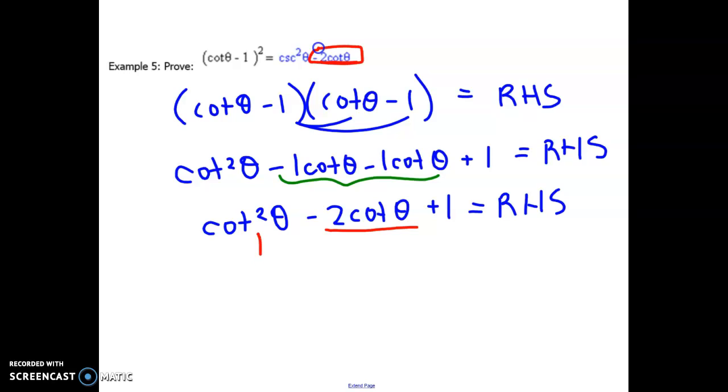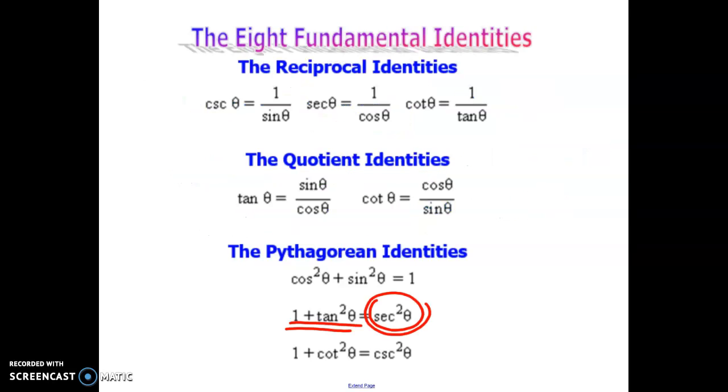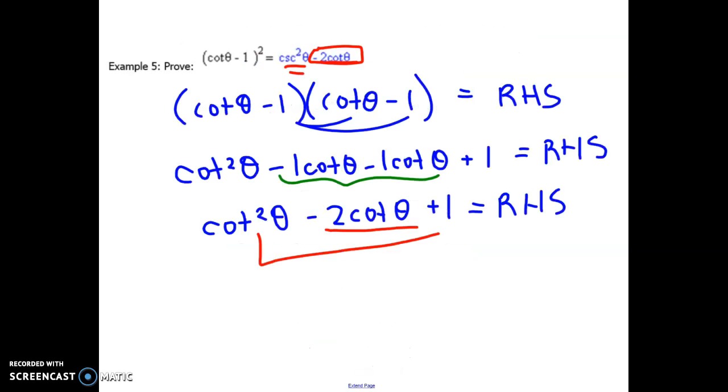So that just means somehow the cotan squared and the plus 1 need to give us cosecant squared. So if we look back to our identity sheet, I see that cotan squared plus 1 does equal cosecant squared. So in my final step of the proof, I'm just going to trade the cotan squared and the plus 1 for a cosecant squared.